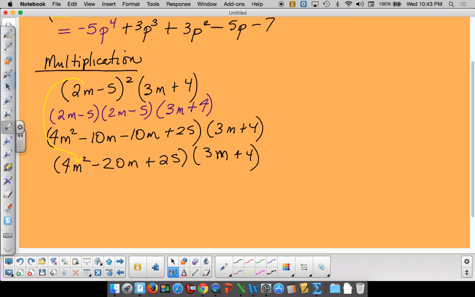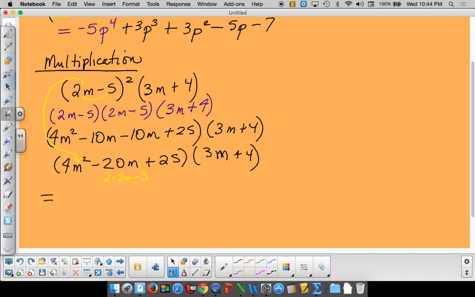The middle term was what you get when you multiply 2m times negative 5. That's negative 10m, and then we simply doubled it. So all you're really doing is taking your two terms and multiplying and then doubling it to get the middle term. And then, of course, the last term came from simply squaring negative 5, we got 25. So you can do it the shortcut, you can do it the long way, I don't care. As long as you get the FOIL right, I'm happy.